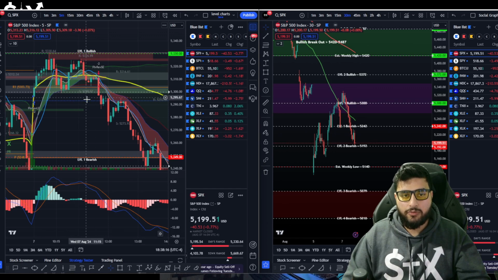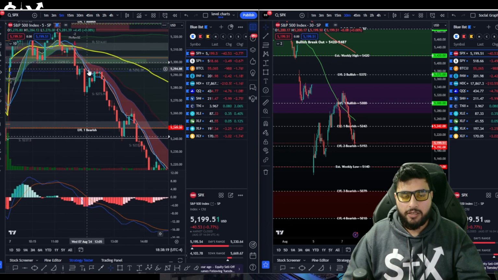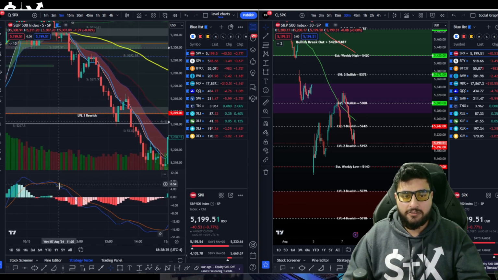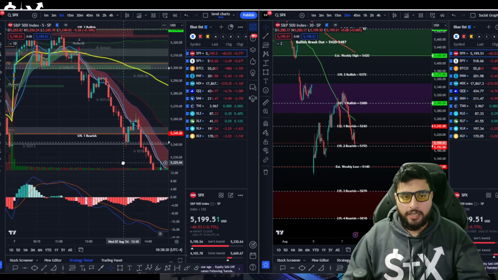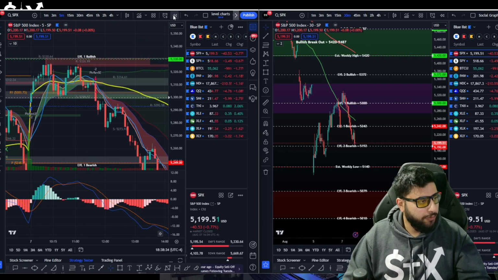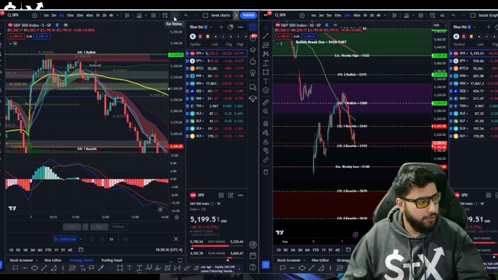Throughout the entire day, we start to see more weakness in the market. You can see that the market was moving in the bearish EMA cloud over here. You see that the MACD on the 5 minutes was bearish, giving that bearish momentum. And if you guys do the replay over here, let's look at it from a replay point of view.